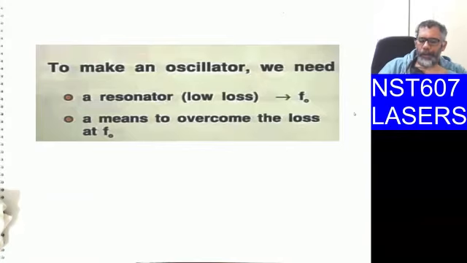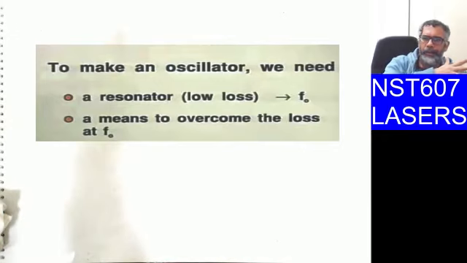So if we make a summary, then to make an oscillator, first we have to have a resonator, I mean an oscillating system, together with a driving force, and we require low loss. We want a small damping, and in order to overcome this loss, we need a driving mechanism.